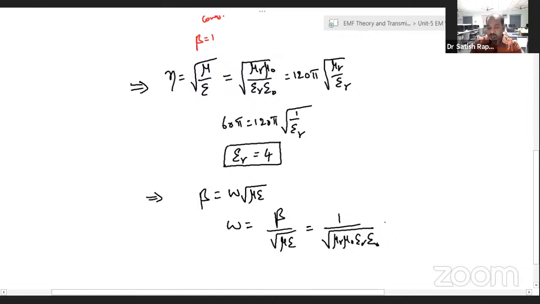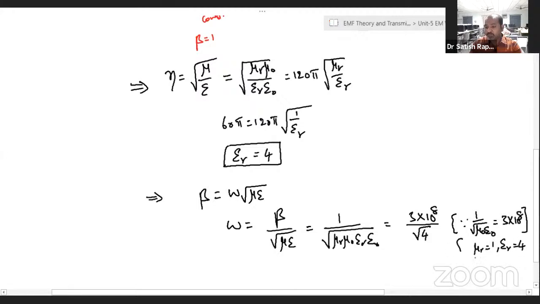So this is equal to 3 into 10 power 8 divided by root 4, since 1 by root mu naught epsilon naught is equal to 3 into 10 power 8, and mu r is 1, epsilon r is 4.